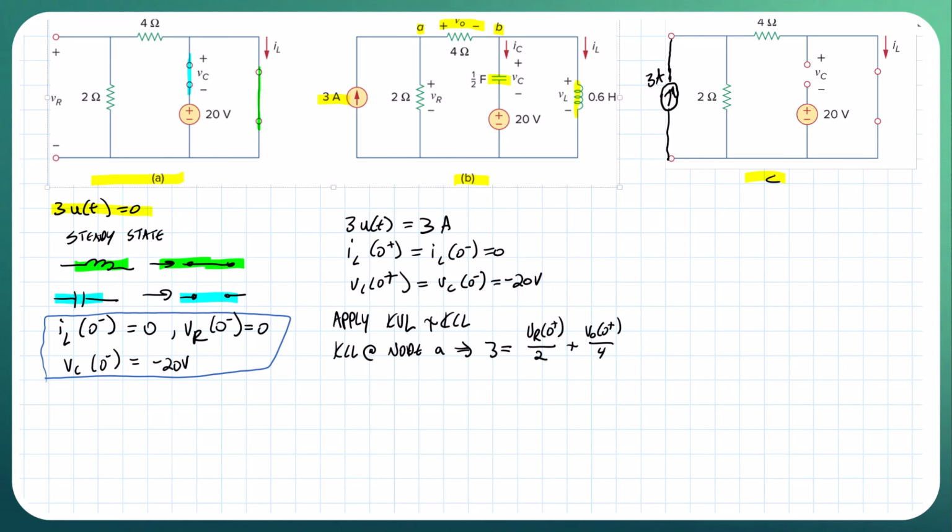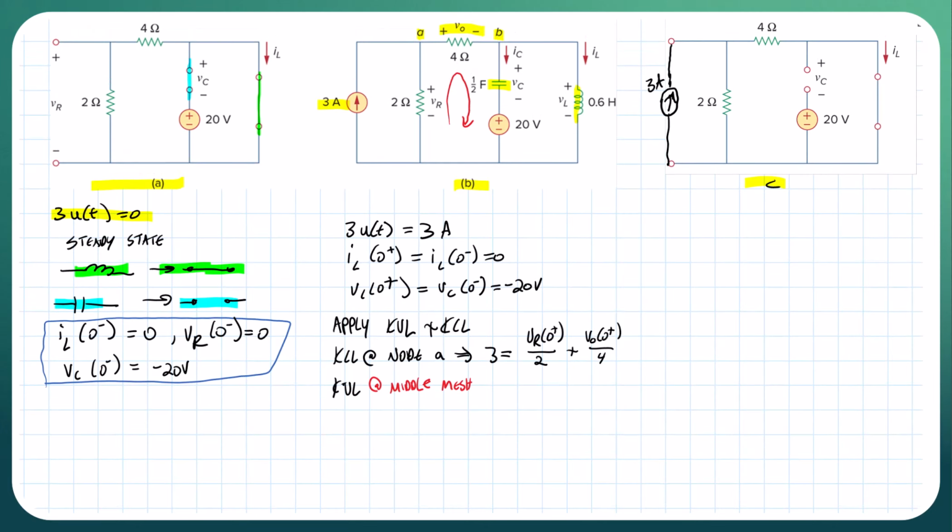Okay, so we've got that equation here to work with, and then we can apply KVL next. If we do that, let's do KVL to the middle mesh.